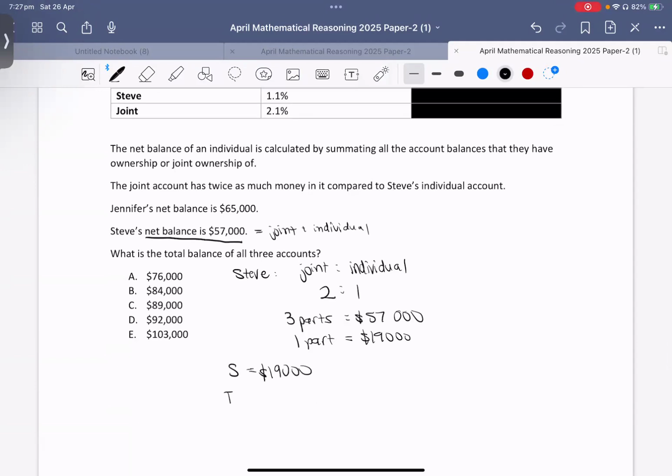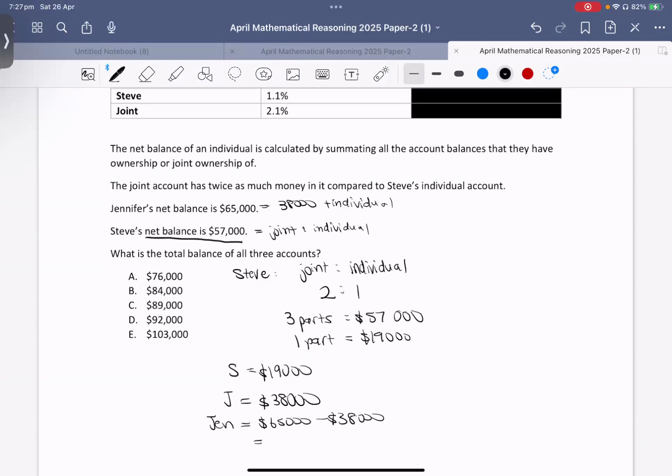What about the joint account? The joint account has double the amount of parts, right? So 19,000 times 2. Oops. Okay, and that means that Jennifer, right, she has 38,000 plus her individual amount to give us a total of 65,000, right? So we can assume for Jennifer, she would have 65,000 minus 38,000 in there.